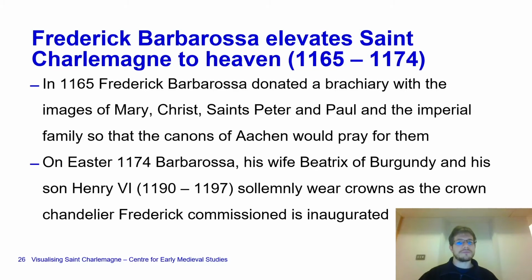Now we have to see the program as it occurs just before the object we will be considering today is made, that is the Barbarossaleuchter. So in 1165, Frederick Barbarossa most likely donated a brachiary with images of Mary, Christ, Saints Peter and Paul, and the imperial family so that the canons of Aachen would pray for them.